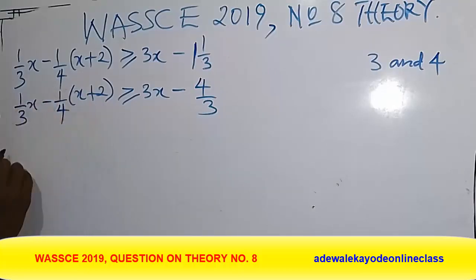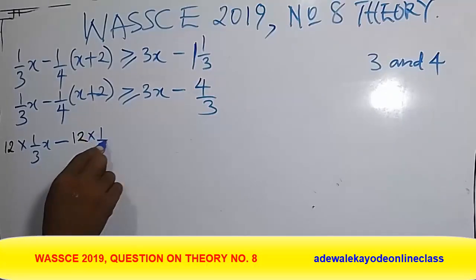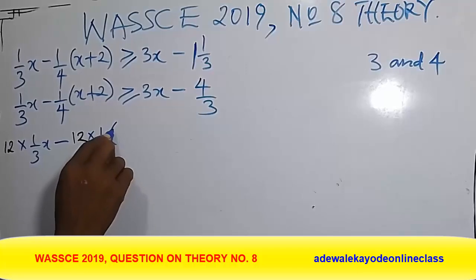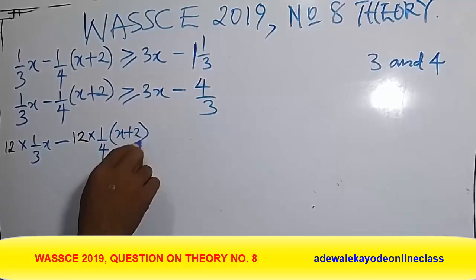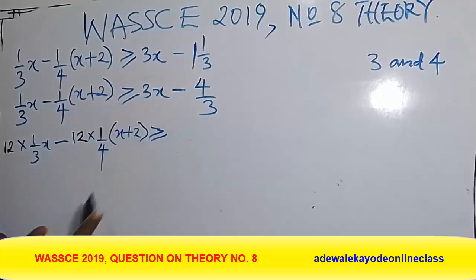So I have 12 in 3 places. The first one is 12 multiplied by 1 over 3x, minus, this is also another expression, 12 multiplied by 1 over 4 into (x + 2), greater than or equal to, this is also another value there.